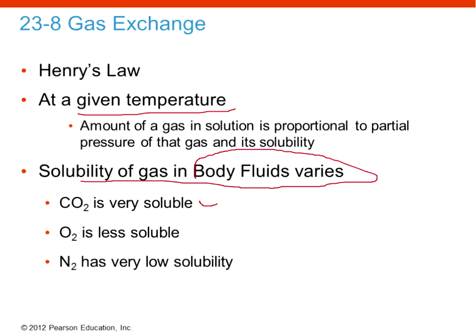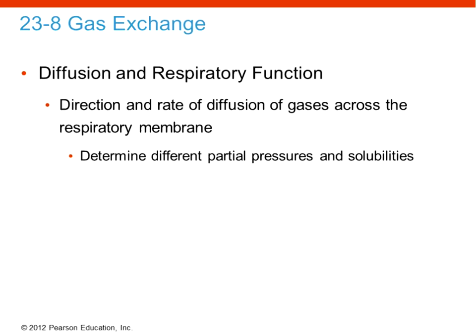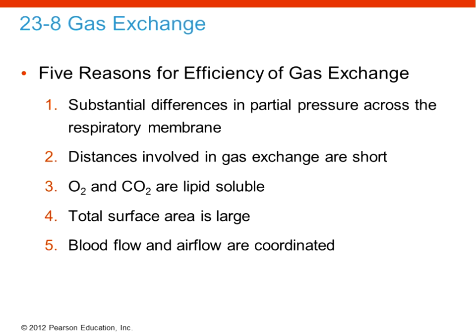Oxygen is less soluble, which is why it has to be bound to red blood cells to be carried, right? We'll look mostly at CO2 and oxygen in terms of how they're carried and transported in gas exchange, okay? So direct diffusion of gases across this membrane is determined by the partial pressures and solubility, okay?